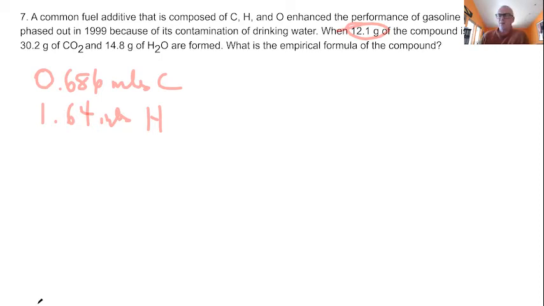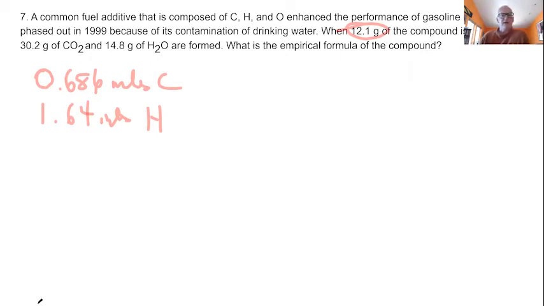But that doesn't help me, because we need to know how many moles of oxygen we have. Remember, when we get the empirical formula, we always divide by the lowest number of moles. But I don't know how many moles of oxygen I have yet. That might be the smallest number. So we'll do that eventually, but we can't do it yet.